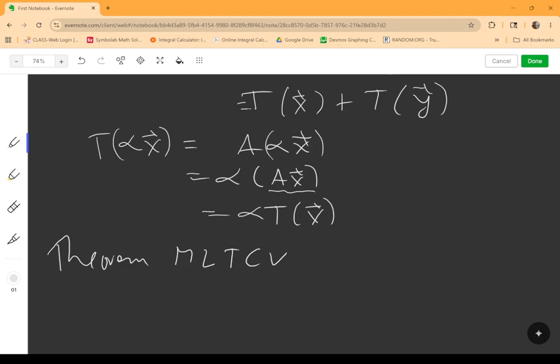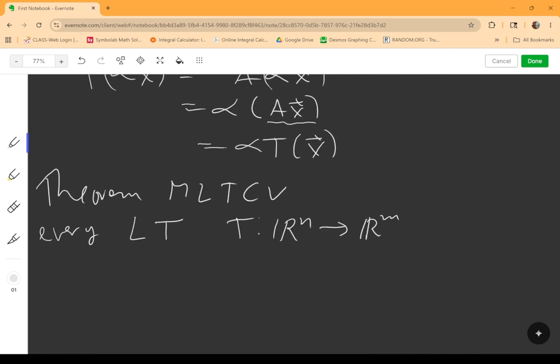What this theorem says, this is the converse, is that every linear transformation, I'll just shorthand LT, defined from Rn to Rm is given by T of x equals Ax by some matrix multiplication, for some matrix A.